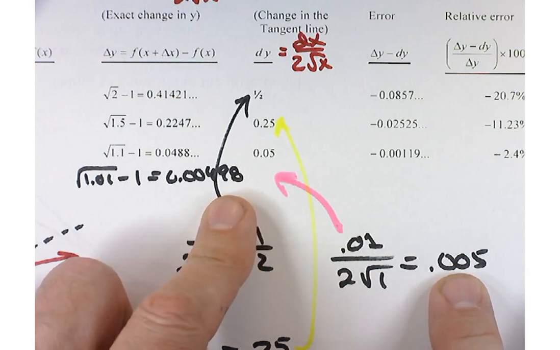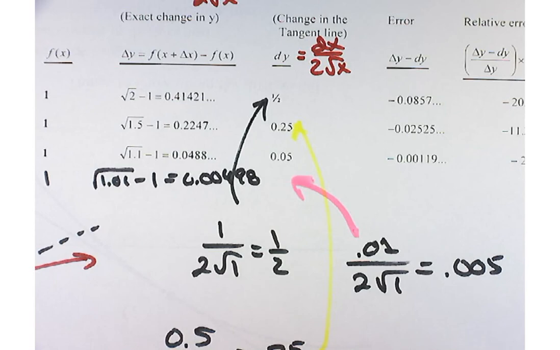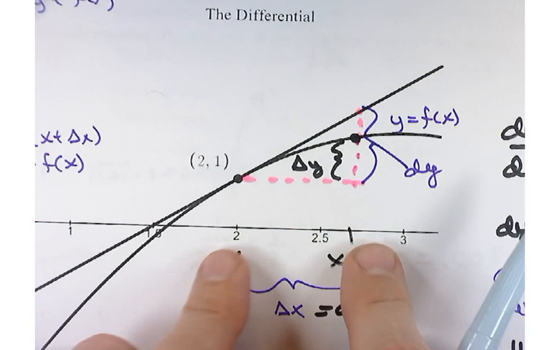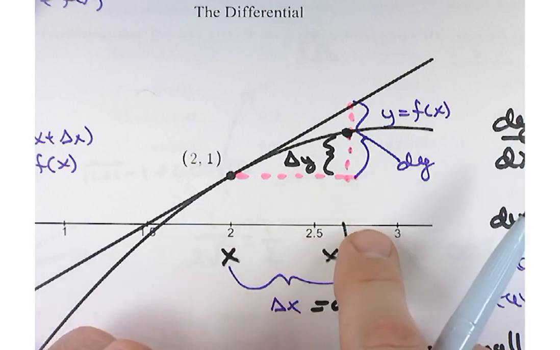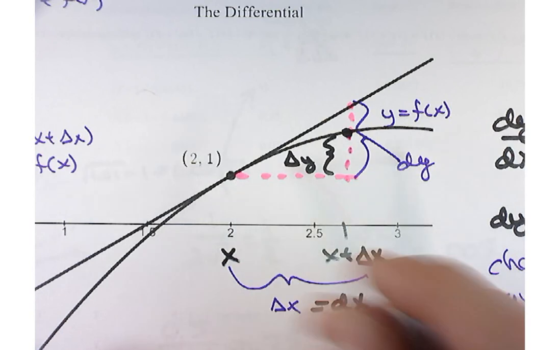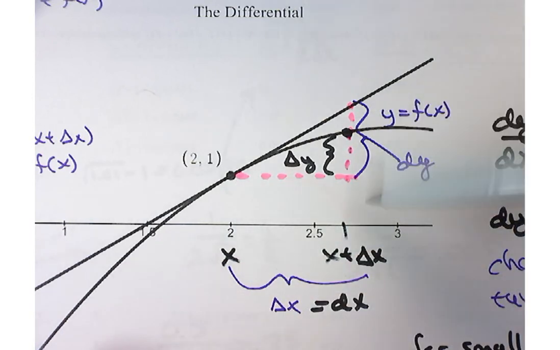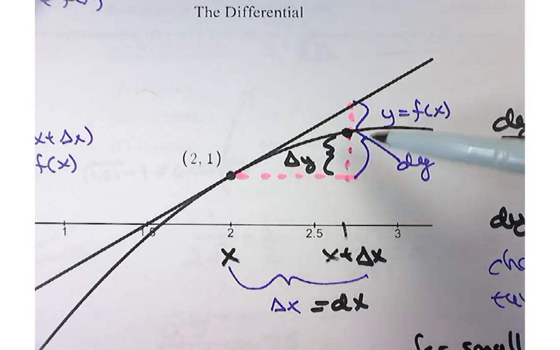So, as I said, as this interval decreases, as delta x gets smaller and smaller, and you're looking at the function at closer and closer points to the point of tangency, your tangent line is going to be a better and better approximation to the change in the function.